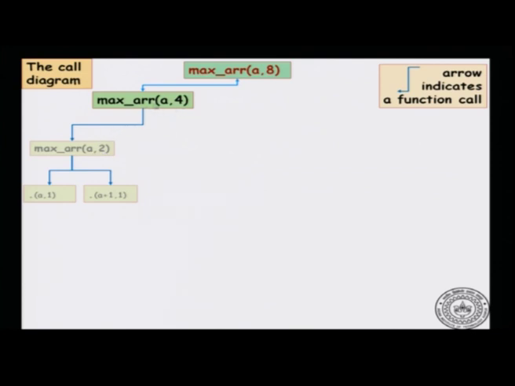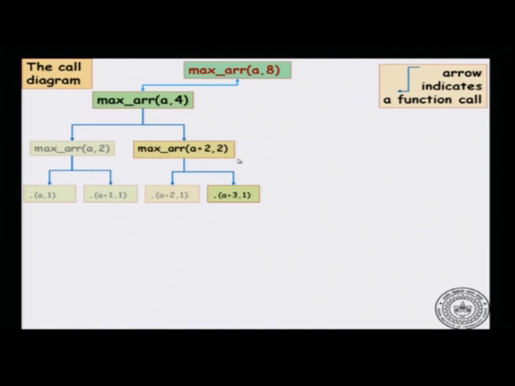At this point, this function will call its second component, which is max array A plus 2 comma 2, and the recursion continues. As soon as a function returns, its stack will be erased. I am showing that by dimming out that particular function call. And this proceeds. Once this value is obtained, you can return to max array A plus 2 comma 2.